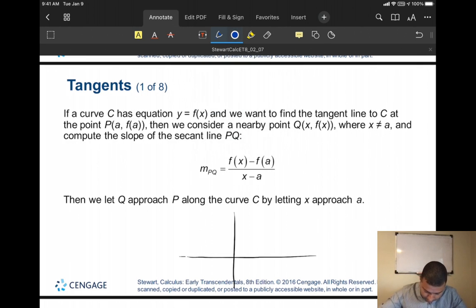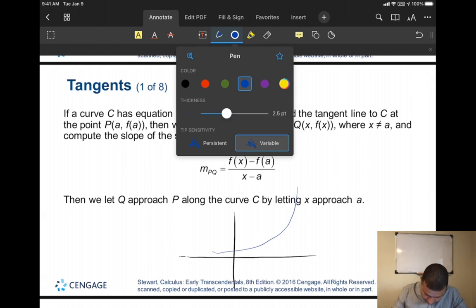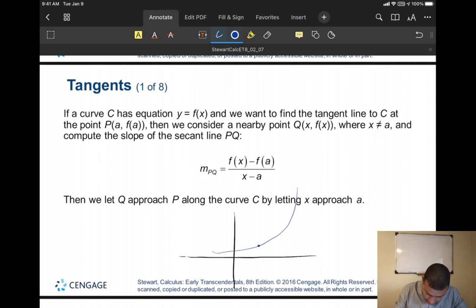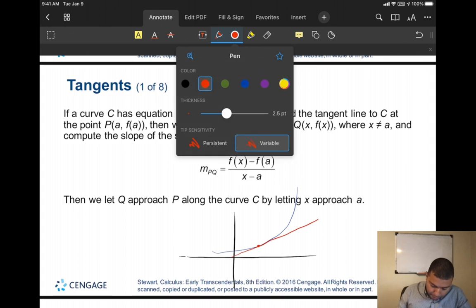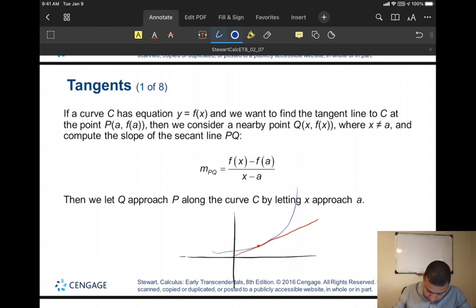You have some curve like this. And we want some point here. And we want the tangent line to that graph. So a line that only barely touches the graph over there. And we do that by choosing, so this is point P. We choose another point Q somewhere.